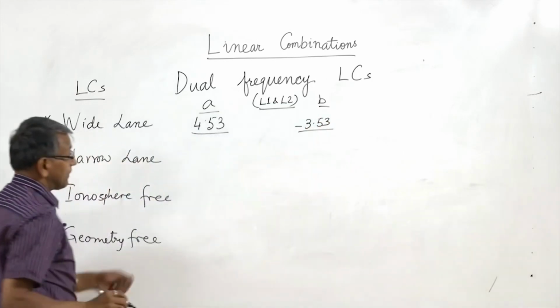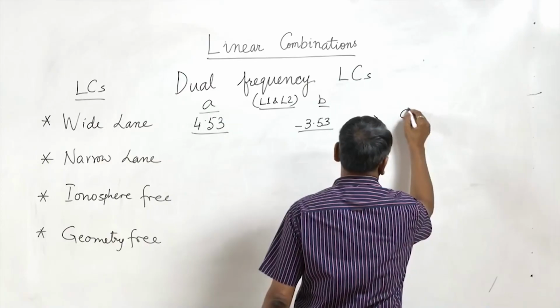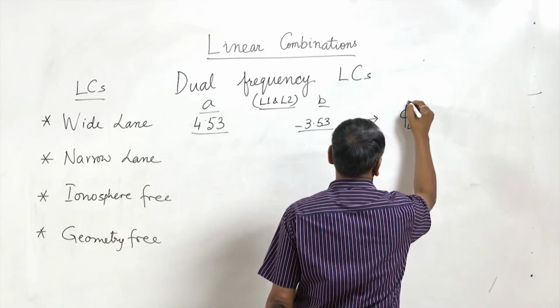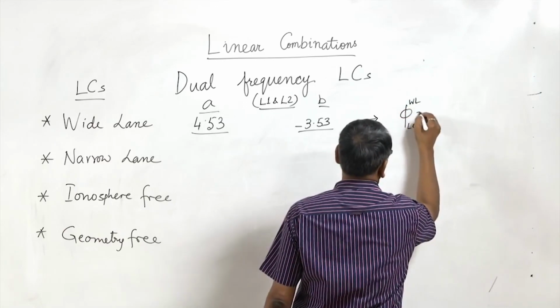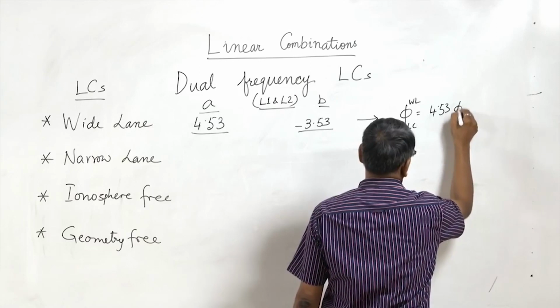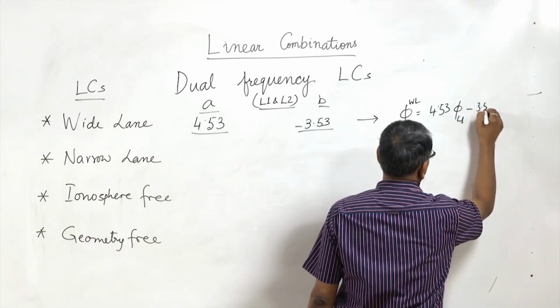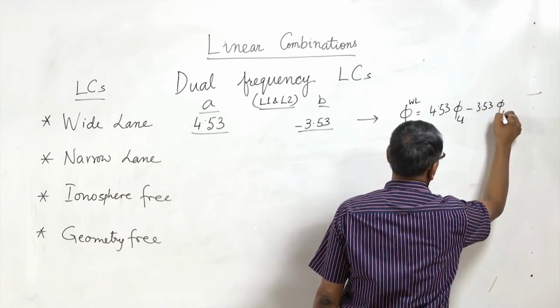So that means we get the phase of the linear combined wide lane as 4.53 phase of L1 minus 3.53 phase of L2.